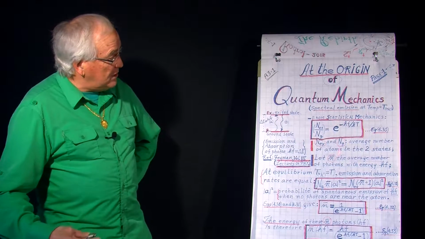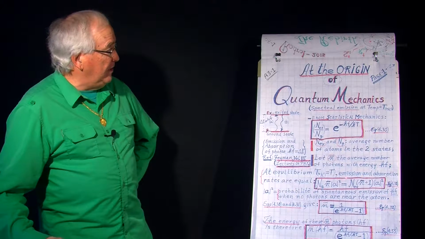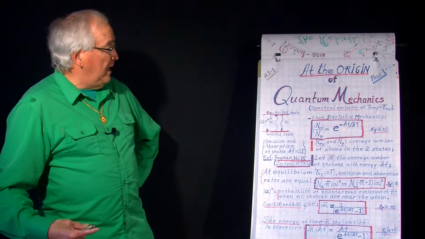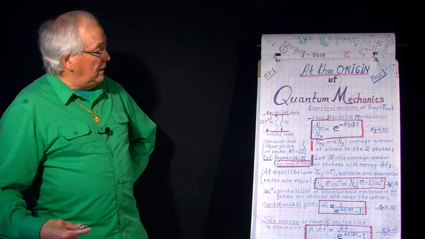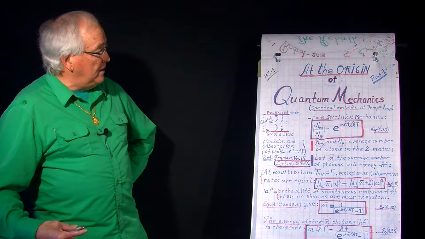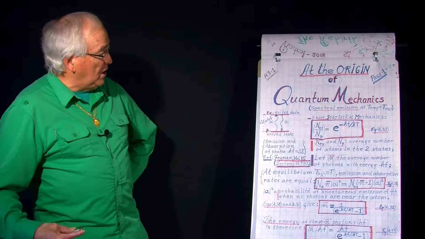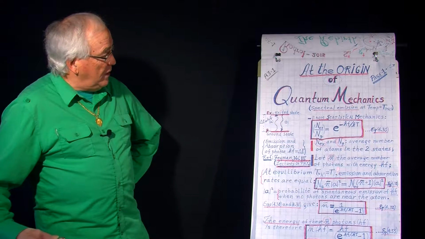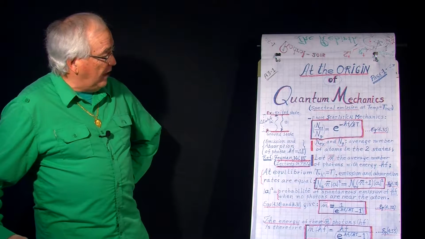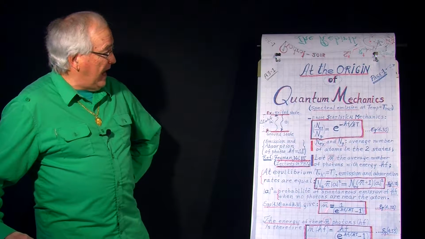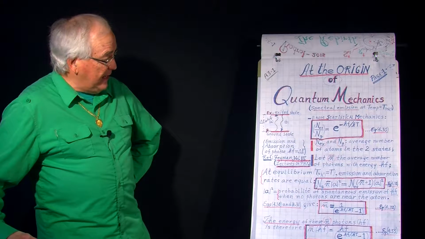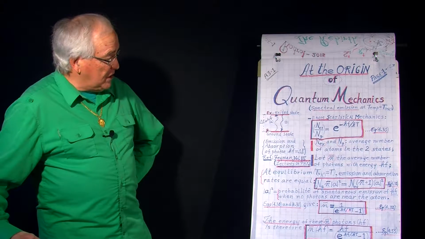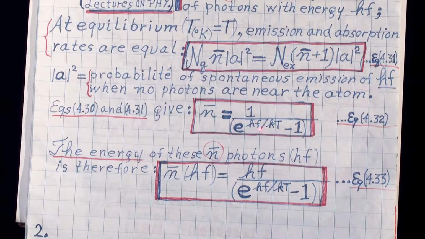So when we use these 2 equations given in Feynman volume 3, this Richard Feynman famous physics book, when we use these 2 equations and we solve for n, the average number of photons in the state at temperature T, we end up with this, okay?